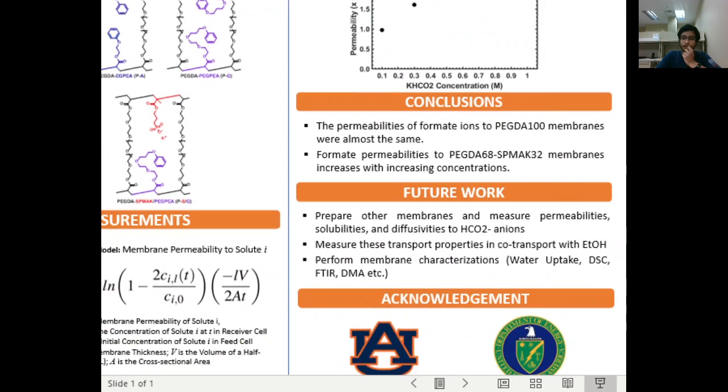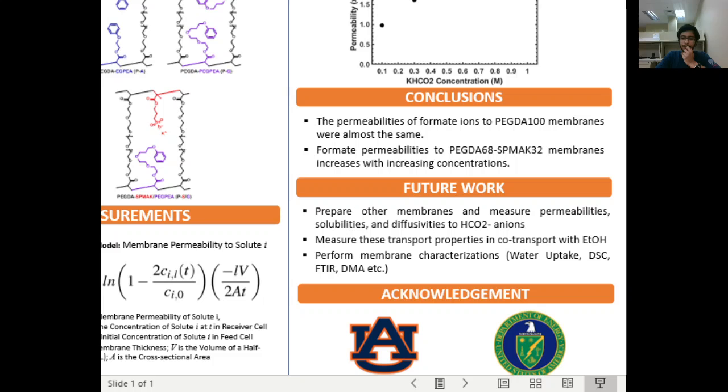And we will also measure the transport properties of these membranes with formate and ethanol, and also perform desired membrane characterizations to measure the properties of these membranes.